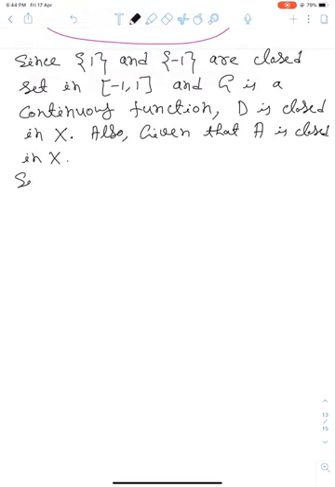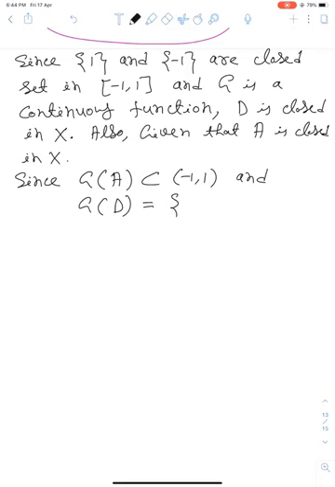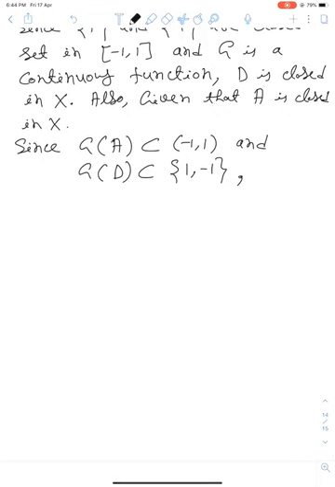Since the image of A is just a subset of (-1, 1) and the image of D under the continuous function g is a subset of the set {1, -1}, therefore A intersection D should be empty.